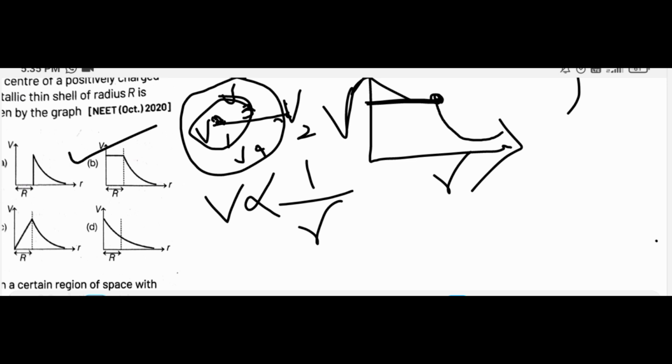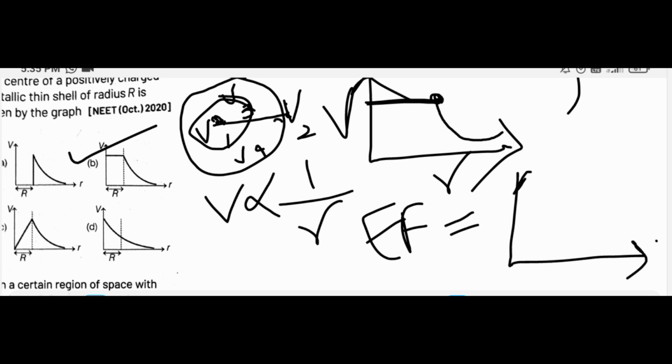If the same question is asking for the electric field, then at the center the electric field is going to be 0, at the surface it will be maximum. After that it is again inversely proportional to r square, so the value keeps decreasing. That means at the center it is 0, so the graph starts from the origin till the maximum value.